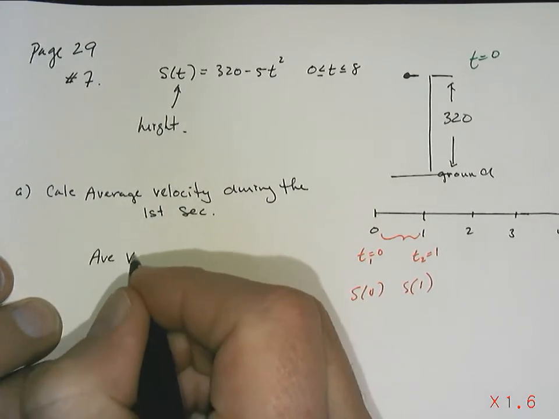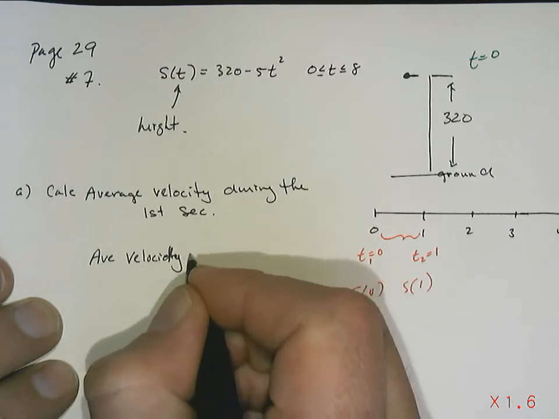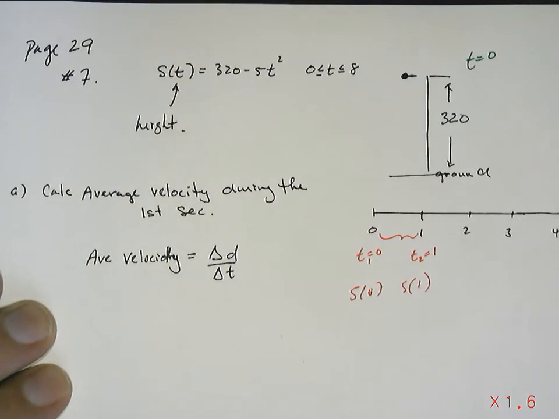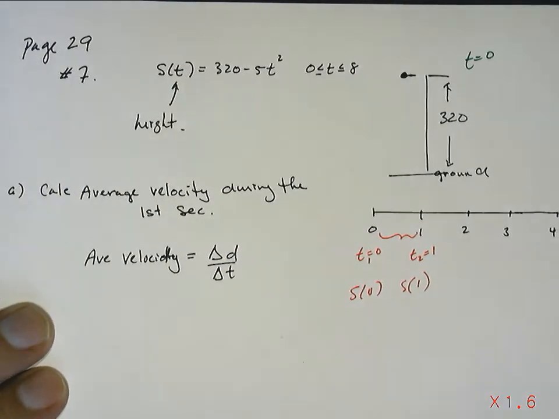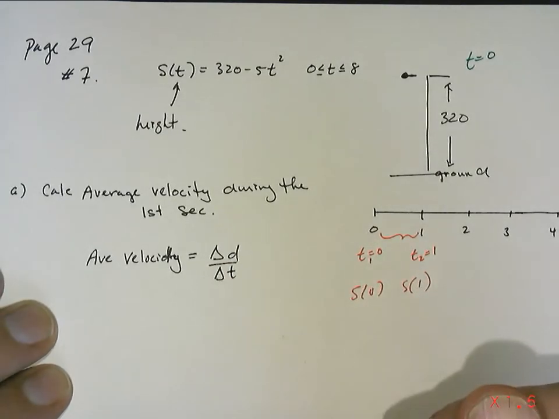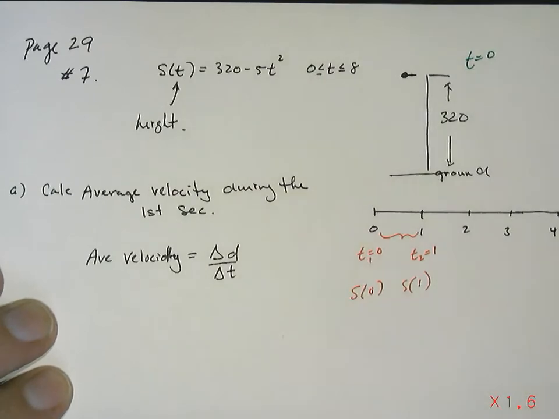The average velocity, it'd be nice if I could spell, is delta d over delta t. Now some of you might not know that. You might not know that velocity and speed is distance divided by time. I want you to think of driving. Think about driving on the link and you're going 90 kilometers per hour.